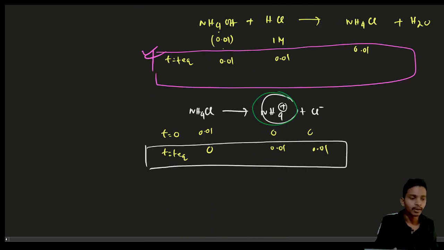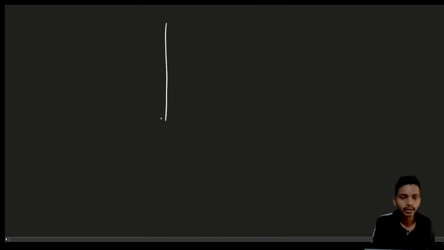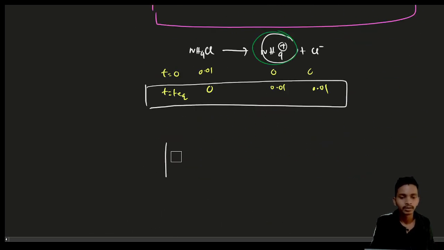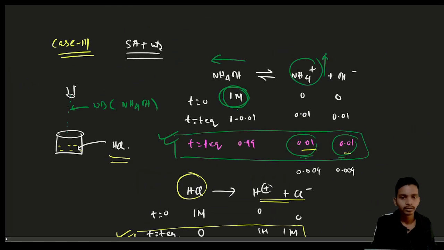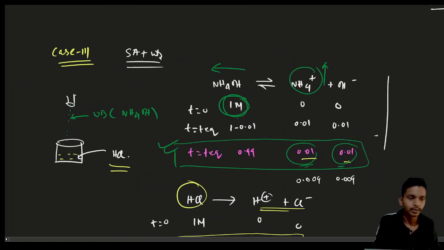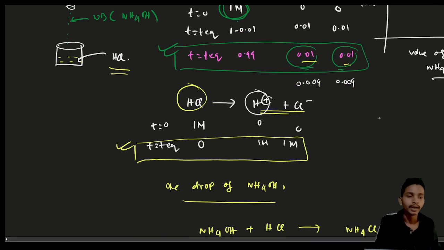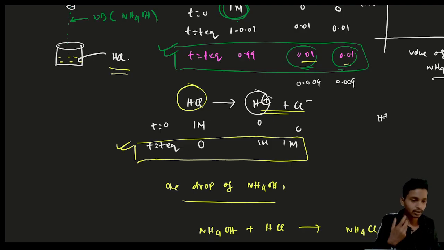So what we are doing here, it's better to write it here only, so that it is easy. Here I am drawing the graph. HCl is there, and this axis is the volume of NH4OH, because we are adding NH4OH. HCl is a strong electrolyte, completely dissociated, so the complete amount of H plus is there, and its concentration is high.